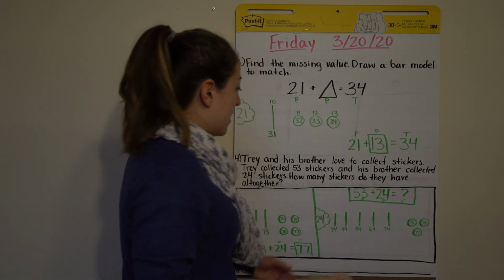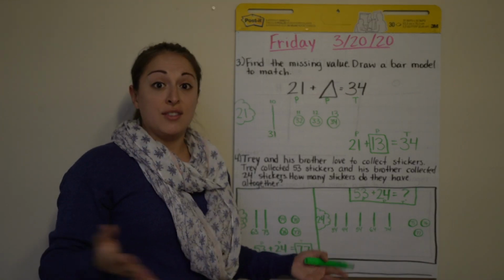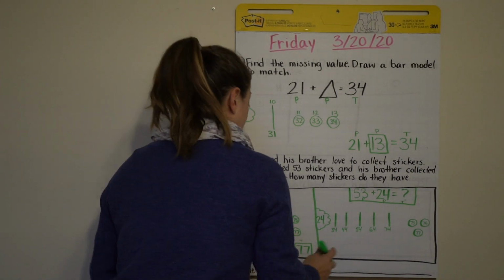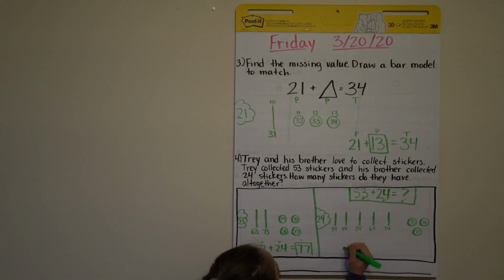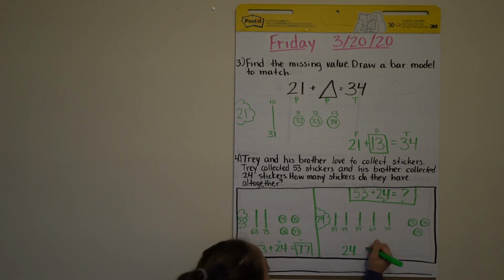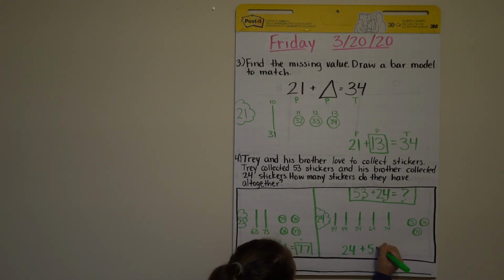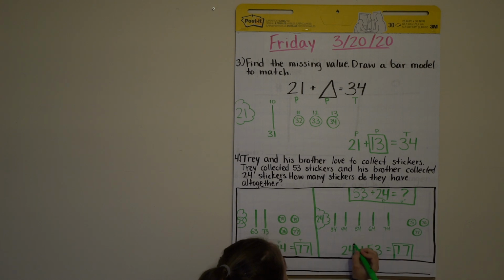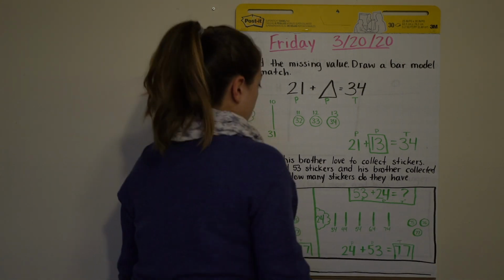So we can see that we got the same answer even though we switched our parts around, okay? So for our number sentence, we started with 24, we added 53, and then we got 77 for our answer. And I'm just gonna box that. So these are our parts, and this is our total.